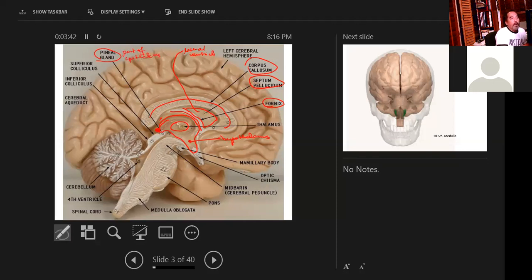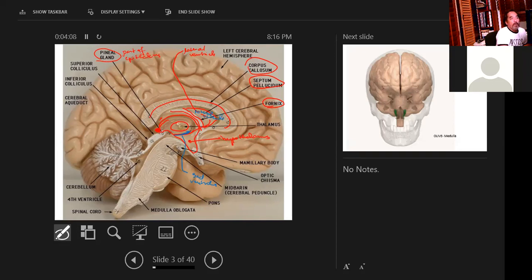Okay, and the ventricle, because remember, this is the lateral ventricle. It's going to meet here, and this part here, we're going to color it dark. This part here is going to be the third ventricle.